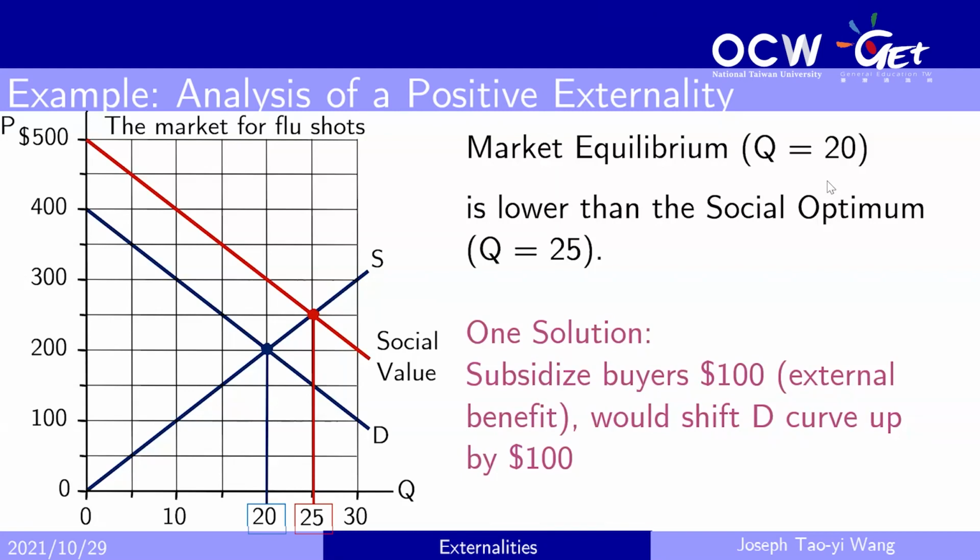There is a reason why the government is subsidizing flu shots, especially for people above the age of 65 or people with young children and so on. But of course, one problem is that it's very difficult to estimate what's the right external benefit, so what's the right subsidy to provide. And I think in Taiwan, what we do is that all of the flu shots are free.